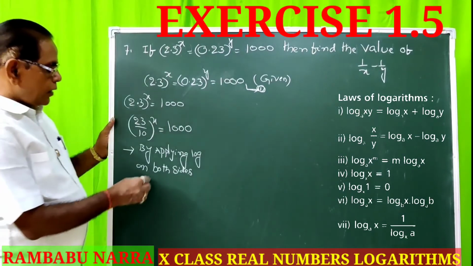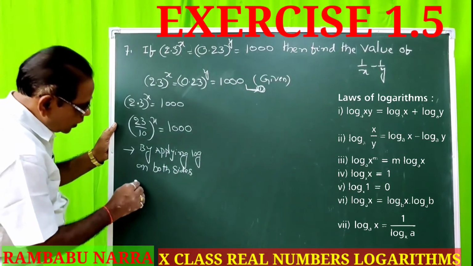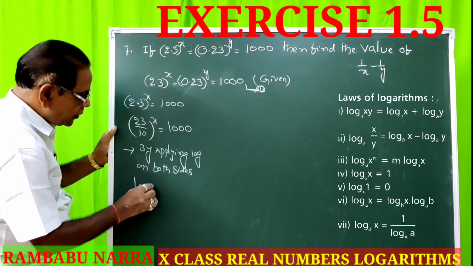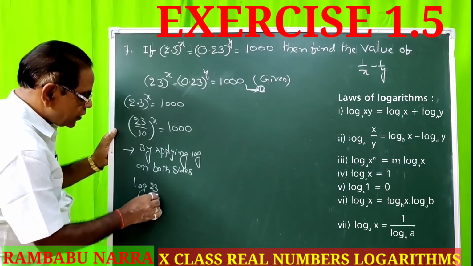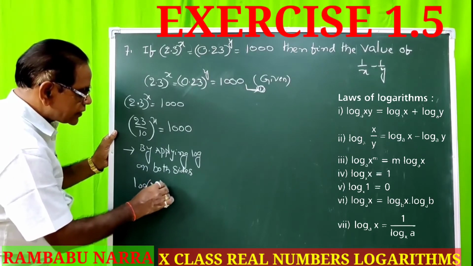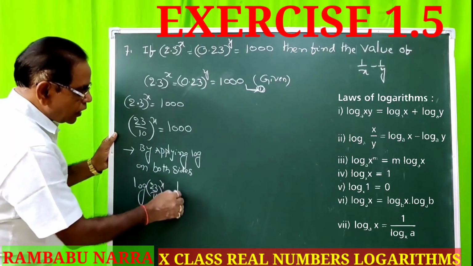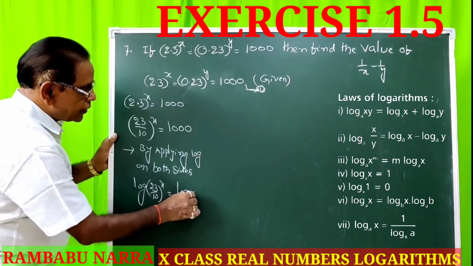Applying log on both sides, log (23 by 10) to the power of x equal to log 1000.